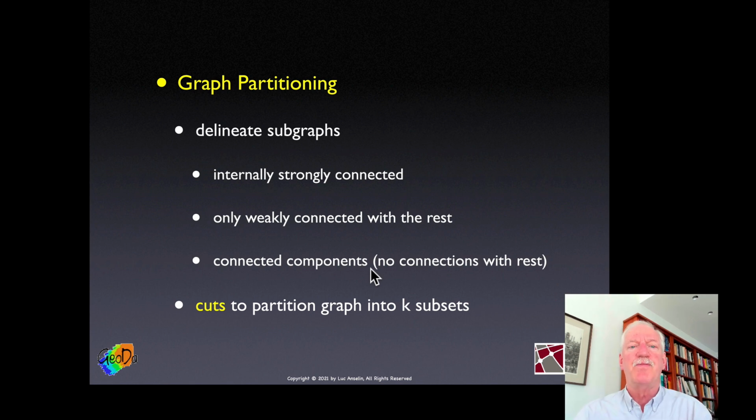Now, obviously, this is not going to happen in practice very often, and we'll have strong connections internally, but only weak connections with the others, not strong connections with the others.